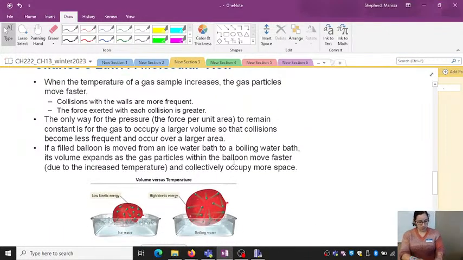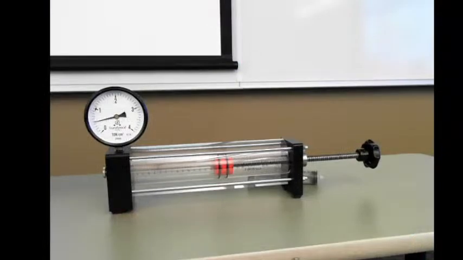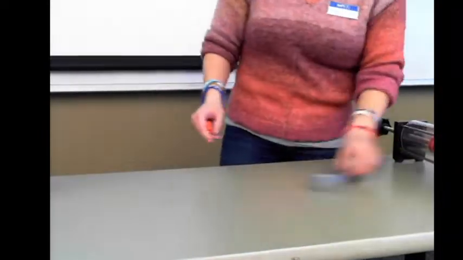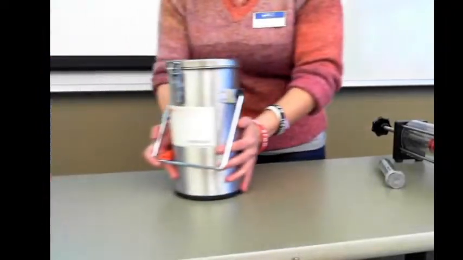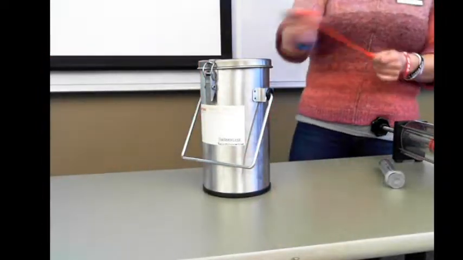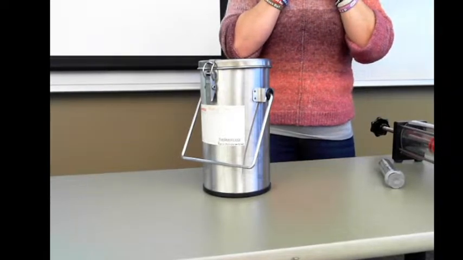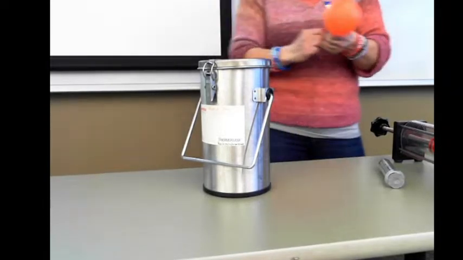So let's look at this. Let's start with our balloon. I'm going to blow it up, and I'm not going to do it too big, or else it won't fit.